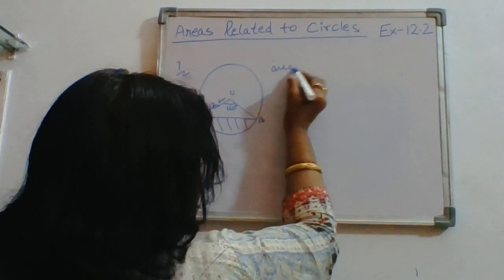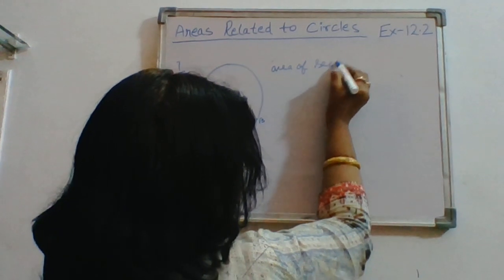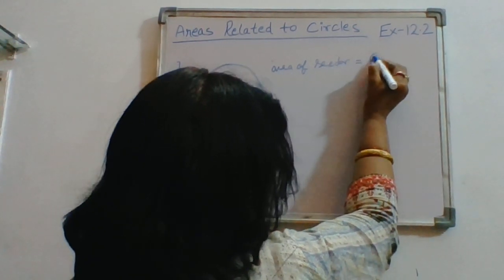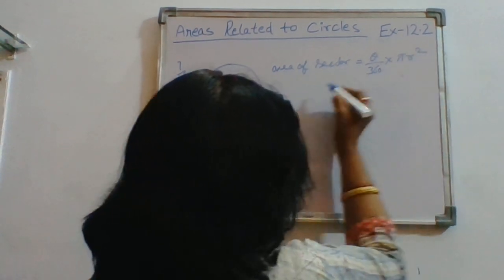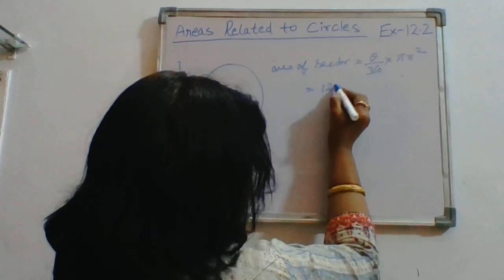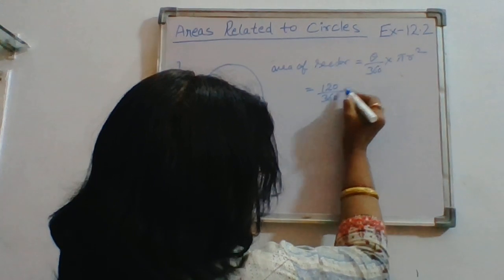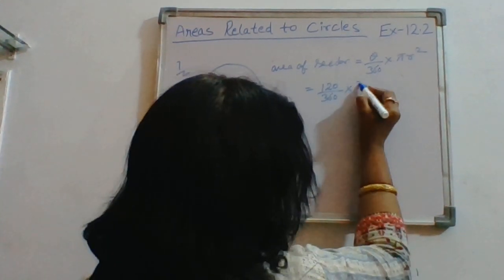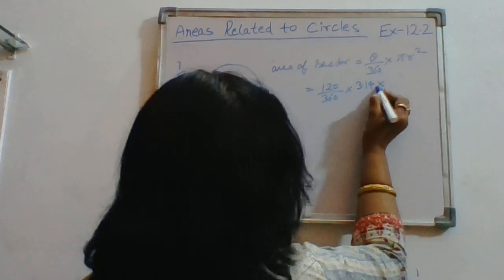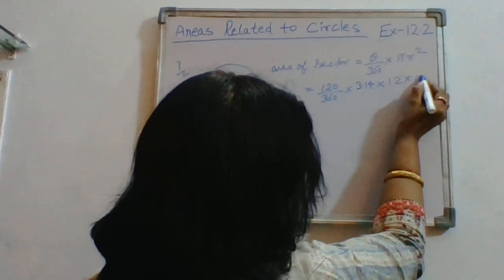So we will calculate first area of sector. It will be theta upon 360 into pi r square. Theta is your 120 upon 360 into pi. They have told to take 3.14 into r square is 12 into 12.